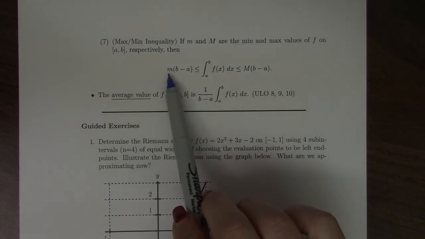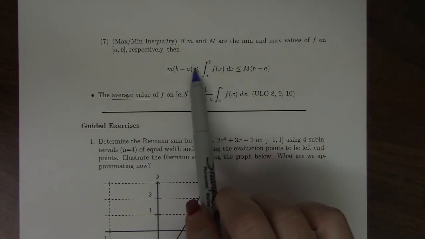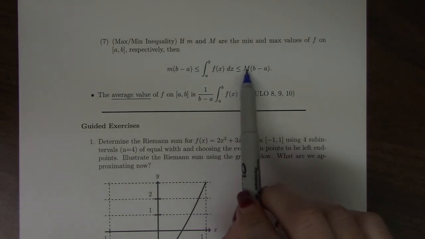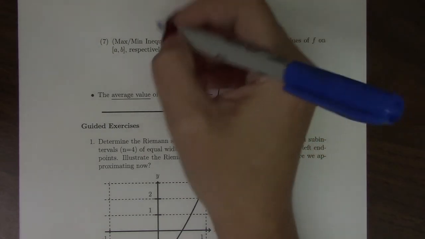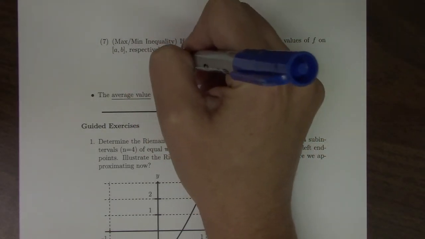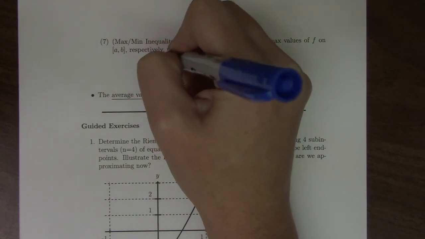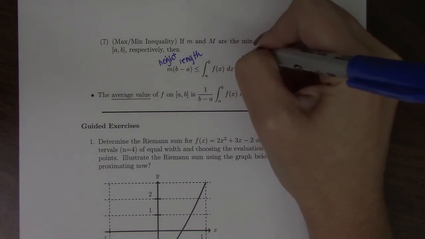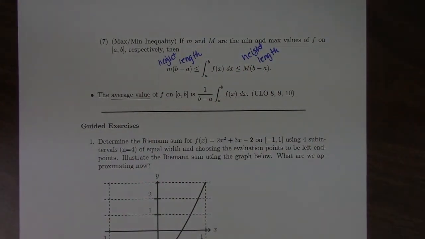So we can say, well, the minimum value, which is the height, times the width of the interval we're looking at, will be less than or equal to the true area, which will be less than or equal to the maximum height of the function times the width of the interval. So this is still length times height, and this is length times height. So the true area lives in between these two values.